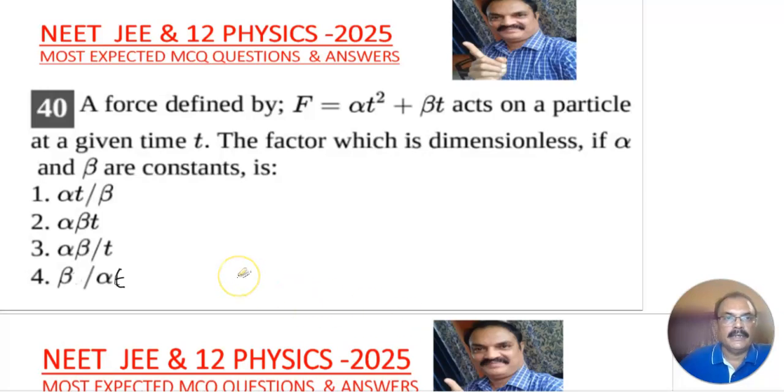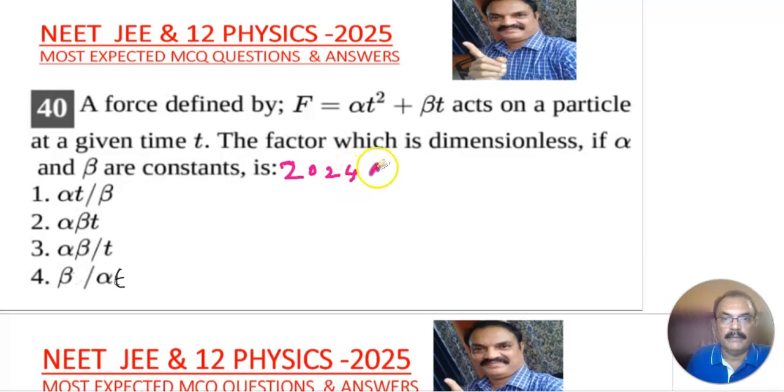I am giving NEET MCQ solutions asked in previous years. Today's question is question number 40, which was asked in 2024. That is based on dimensional analysis.